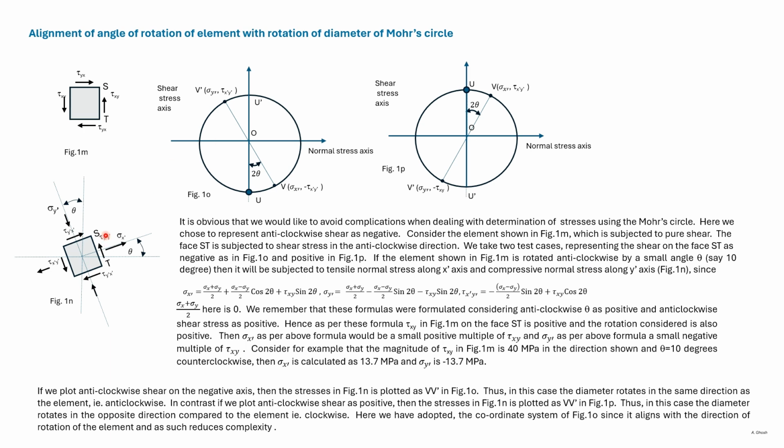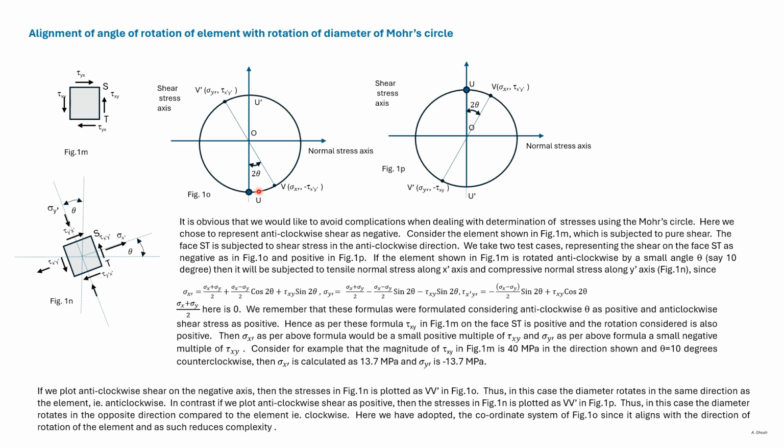Let us now plot the stresses on this face in these two Mohr circles. Tau x dash y dash here is still negative and sigma x dash is positive. Tau x dash y dash in this diagram is positive and sigma x is also positive.